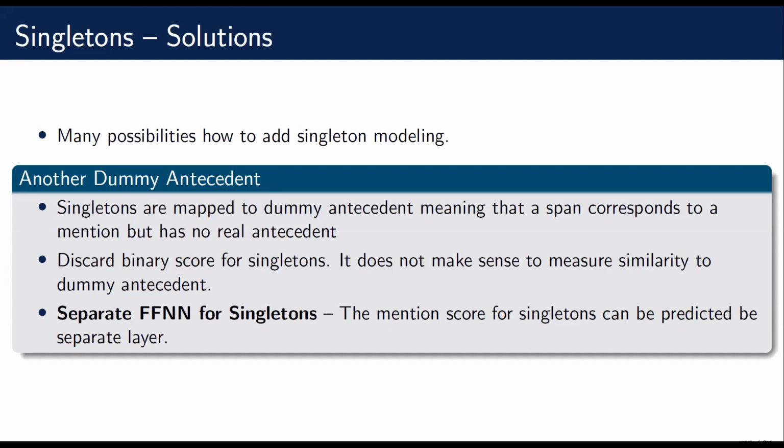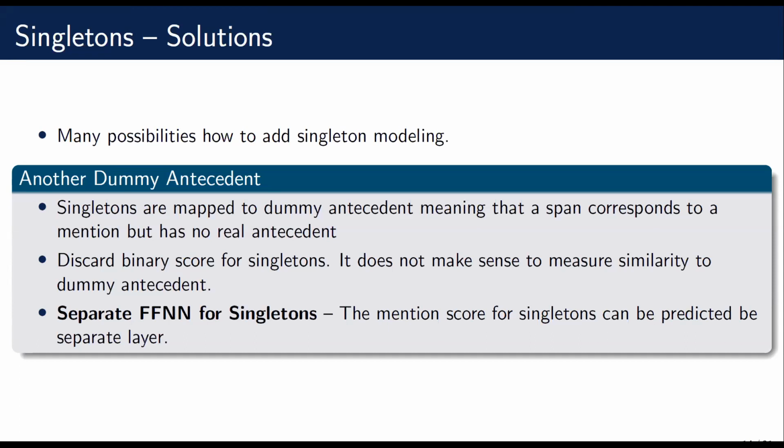The null antecedent says this sequence of words is not in coreference and also is not a mention. The dummy antecedent says this sequence of words is not in a coreference relation, but it is a mention. So we added a different artificial token.